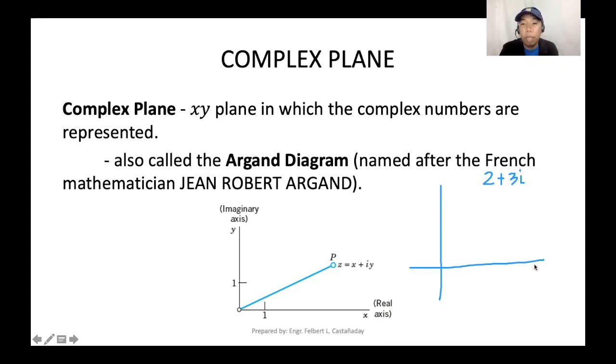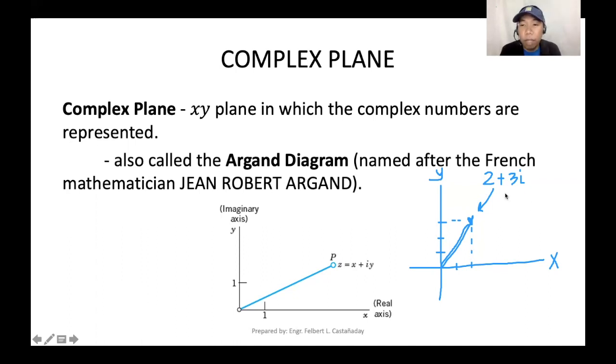So in the complex plane, this is the x-axis or the real axis, and this is the y-axis or the imaginary axis. So we have 1, 2 for x, and then for y, I have 1, 2, 3. So the point here is how you represent this complex number. It's in rectangular form.